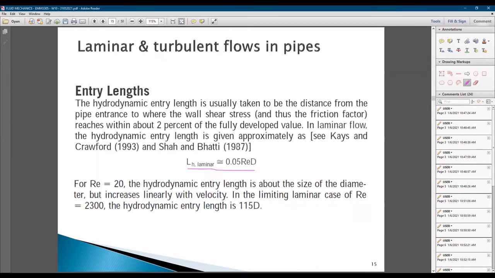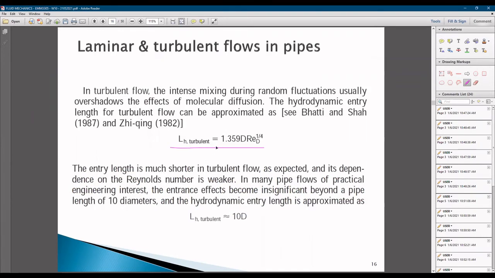Just now there was an approximation for laminar flow, and now we are talking about turbulent flow. The entry length is much shorter in turbulent flow as expected, and its dependence on the Reynolds number is weaker.